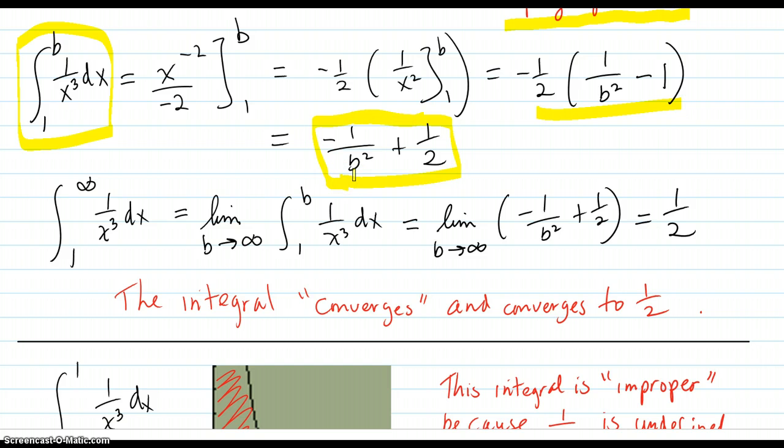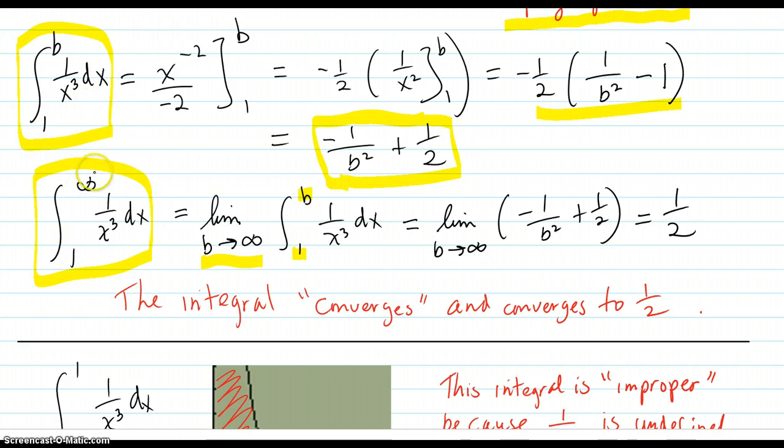So here's the integral from 1 to b. Your improper integral is defined in this case as the limit as b goes to infinity of the integral from 1 to b of the integrand there. So that's what that notation really means.